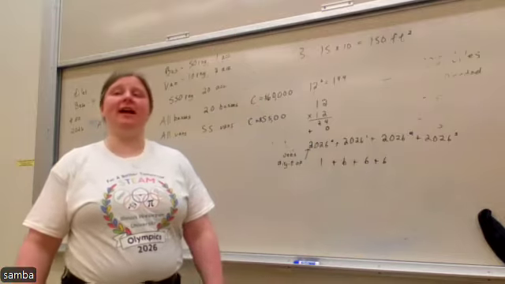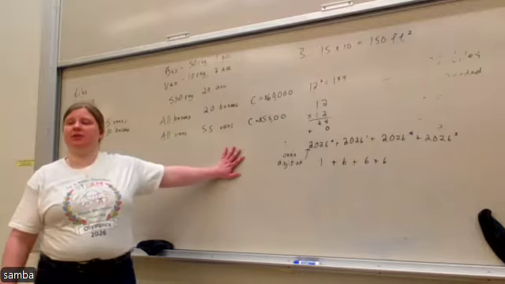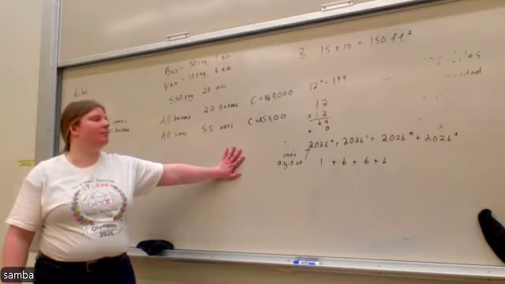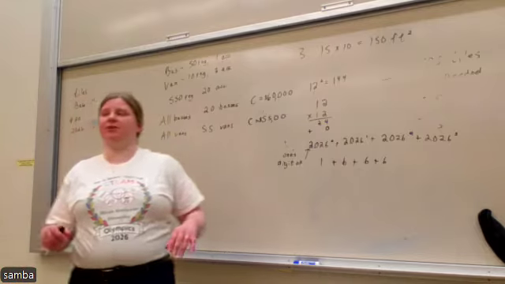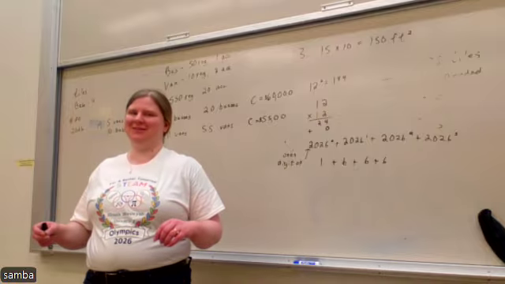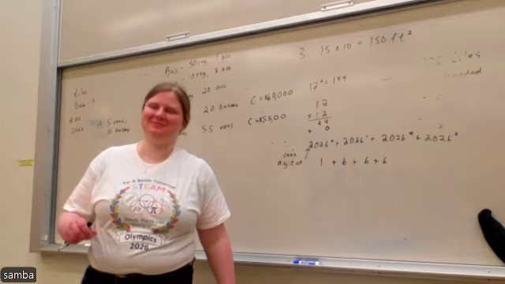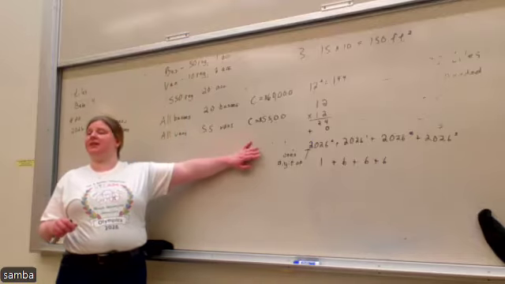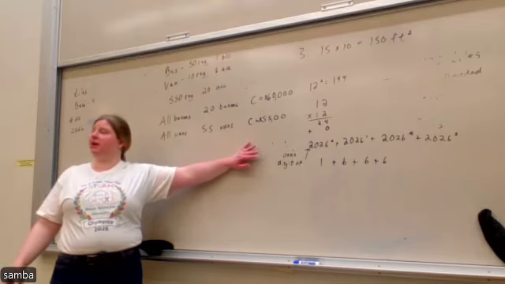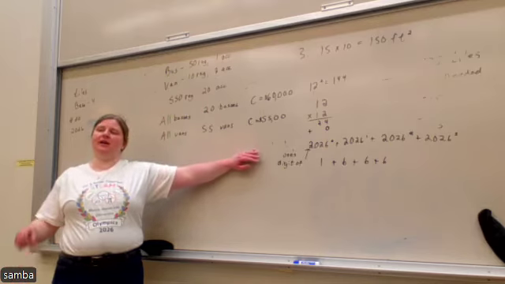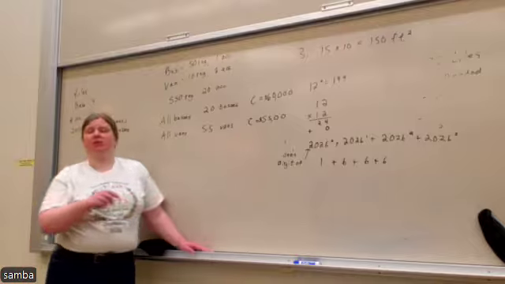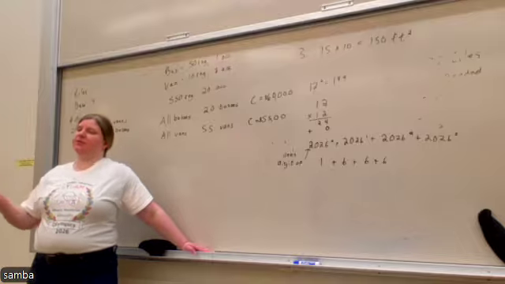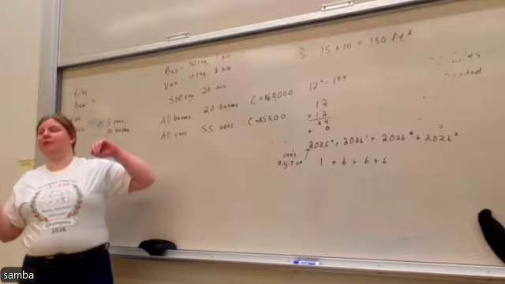But the way you would go about solving this one, a little bit weird, but what you would want to do is figure out variables. The actual way to solve this one, like I said, guess and check, getting as close as you can is perfectly fine. But the way you would actually solve this is you come up with different equations by putting variables for the number of buses and the number of vans.